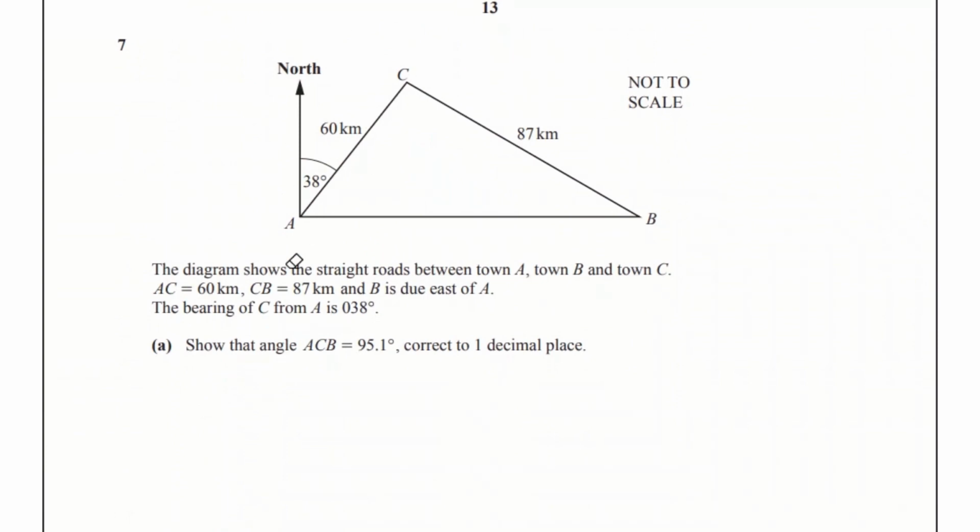Question number 7. The diagram shows the straight roads between A, B and C towns.